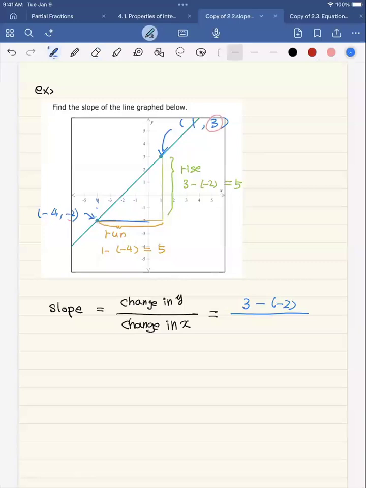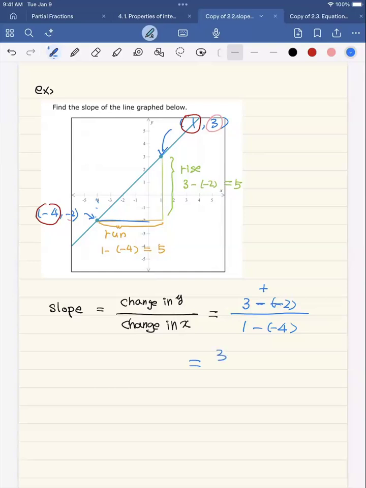And change in x is 1 minus -4. This one will make plus because minus will make plus.